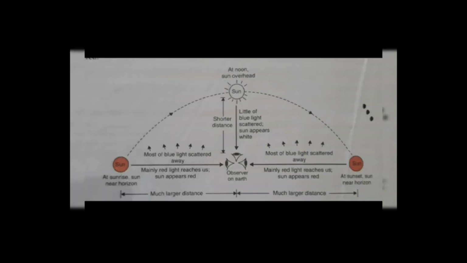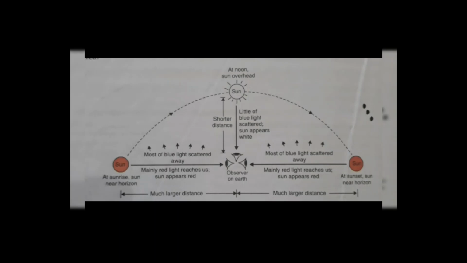Now the same thing happens at the time of sunrise and sunset. You must have observed that during sunrise and sunset, the sun appears reddish. It's also because of the same phenomenon, the scattering of light.